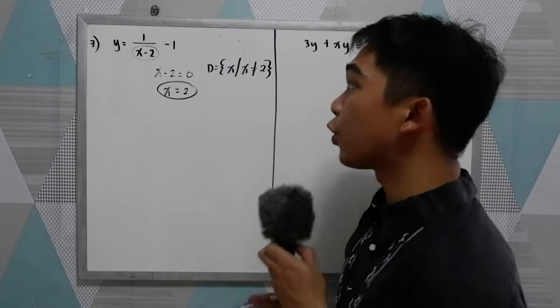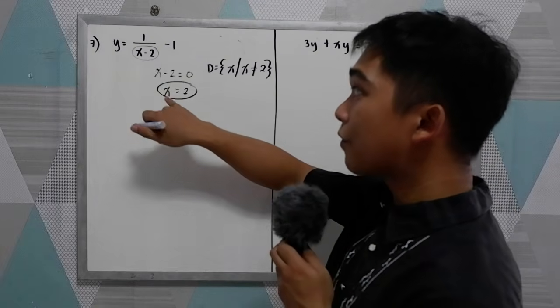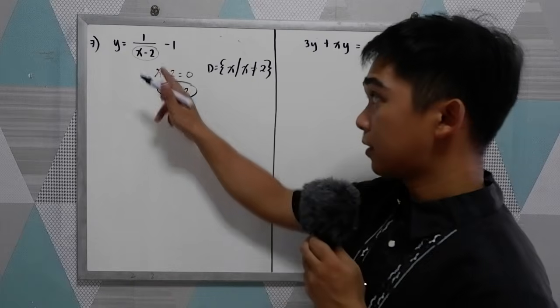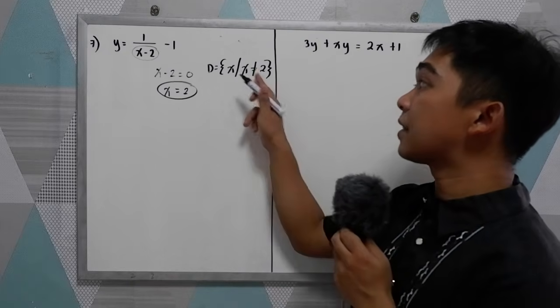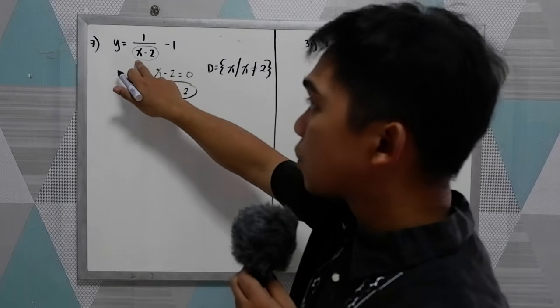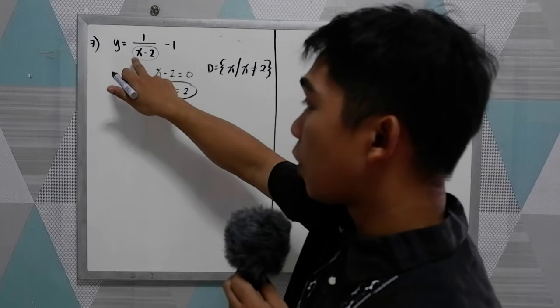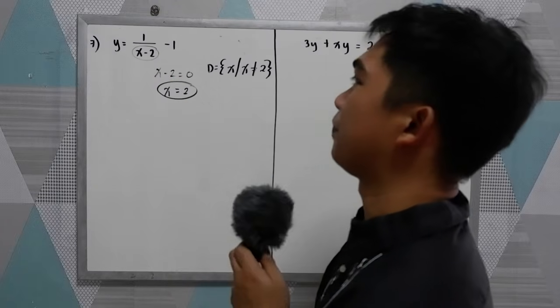Okay, that is our domain. So our shortcut here is to solve for the value of x. Why is x not equal to positive 2? Because if x is 2, we're going to substitute 2 minus 2, that will give us 0.